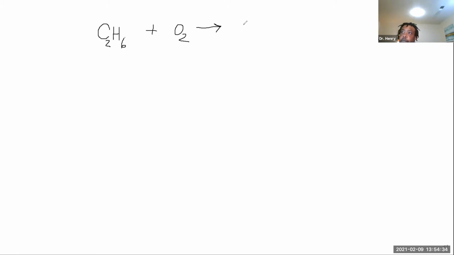In combustion reactions, the product is always going to be carbon dioxide and water. Looks pretty easy, right? This one should be a piece of cake.